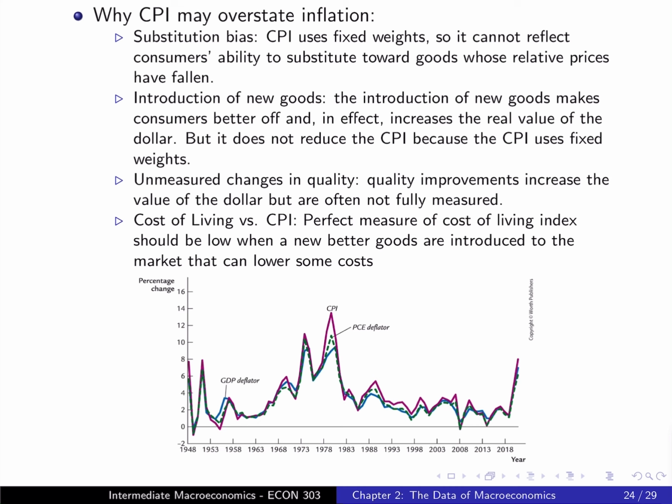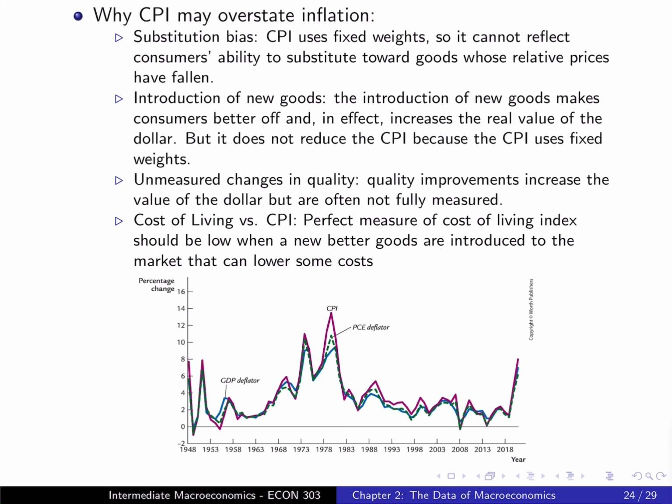Unmeasured changes in quality. Improvements in product qualities increase the utility of goods even if their prices stay the same or rise slightly. If these quality changes are not fully accounted for, the CPI will misinterpret price increases as inflation. Cost of living versus CPI.